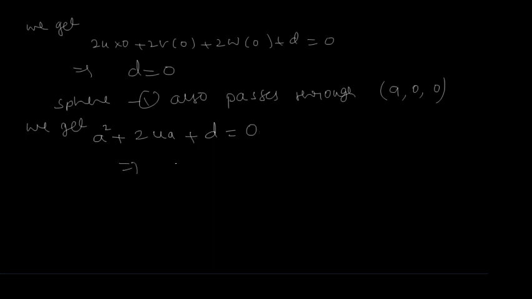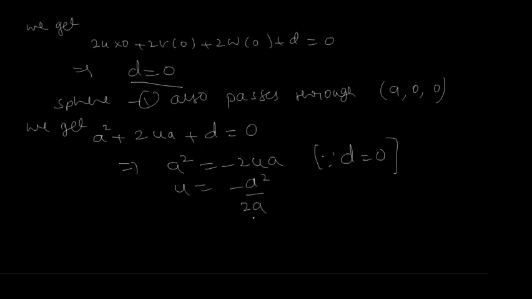Now from this, as d is equal to 0, which we already found, a square is equal to minus 2ua. That means u is equal to minus a square divided by 2a. So a gets cancelled, u is equal to minus a by 2.